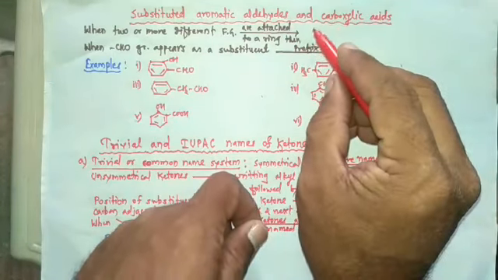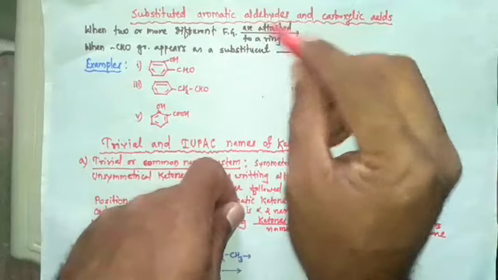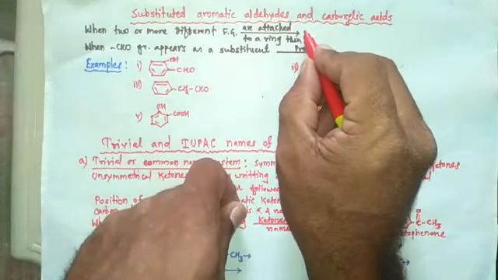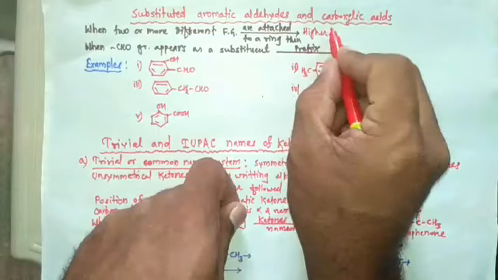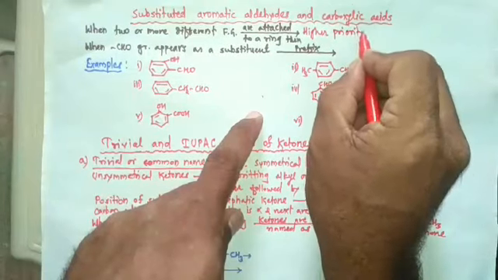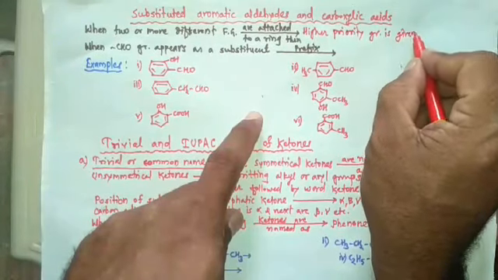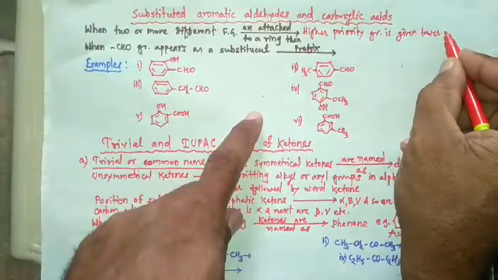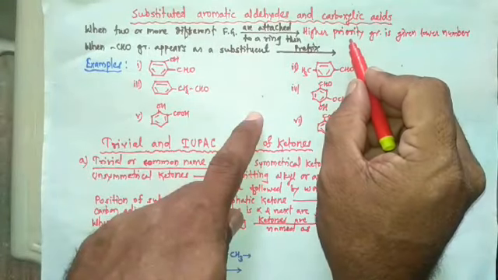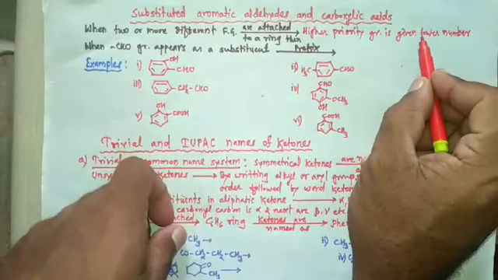You should remember that when a compound contains more than one functional group, that means when two or more different functional groups are attached to the ring, the higher priority group, that is the main or principal functional group, is given the lower number.